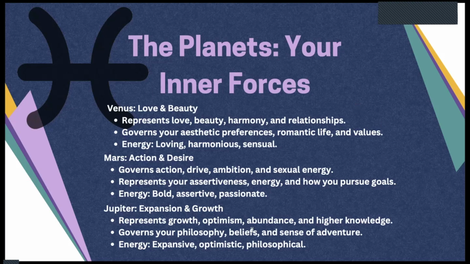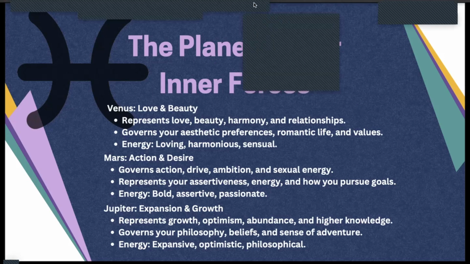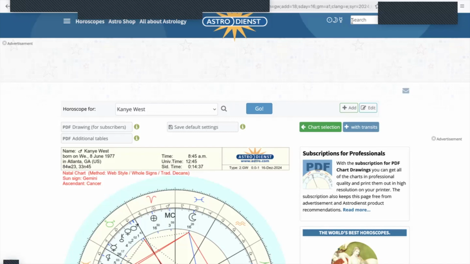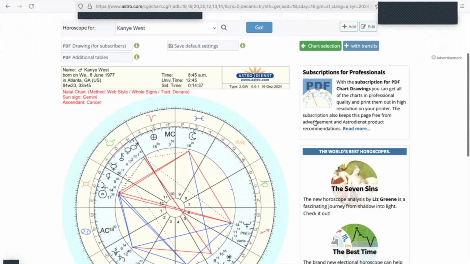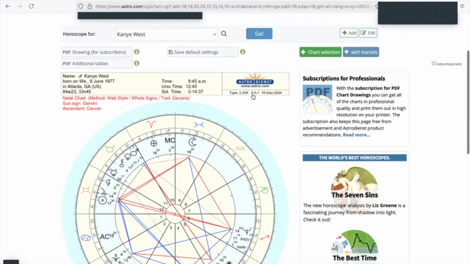Now let me take this moment to show you something about these planets and how they interact. As you can see here, we have the chart for Mr. Kanye West.